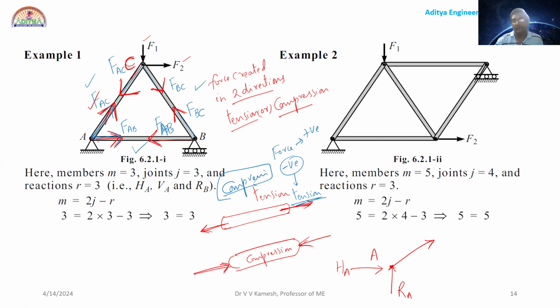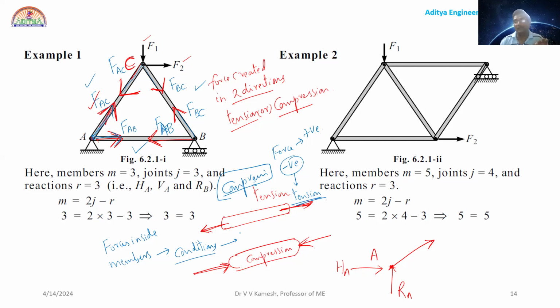Now we shall check. There are some conditions where we can calculate the forces inside the members. By applying these conditions, we need not calculate some of the forces in the members, right?